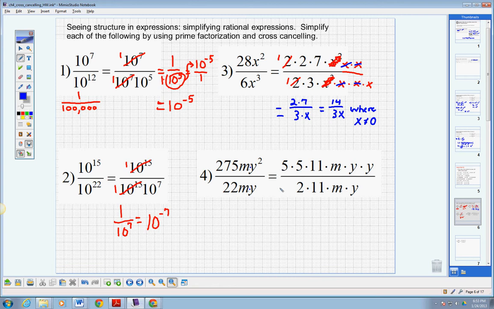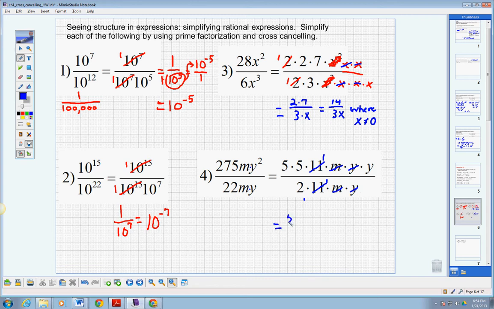I know that 22 can be broken down into 2 times 11. I know that the 11s are going to cross cancel. That's what I call cross cancel. Do not confuse it with cross multiplication. That's 1 over 1. I know that one of the m's is going to cancel, and one of the y's is going to cancel.